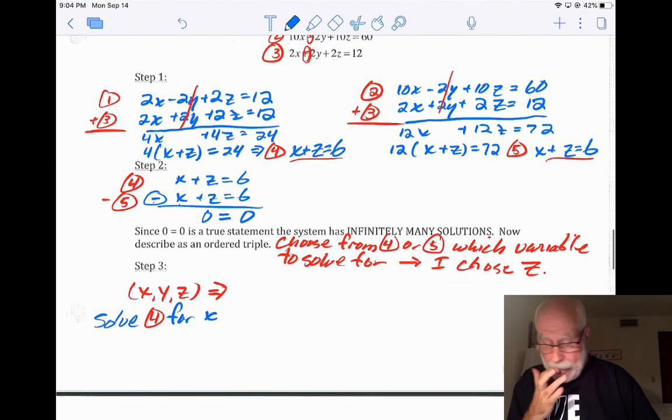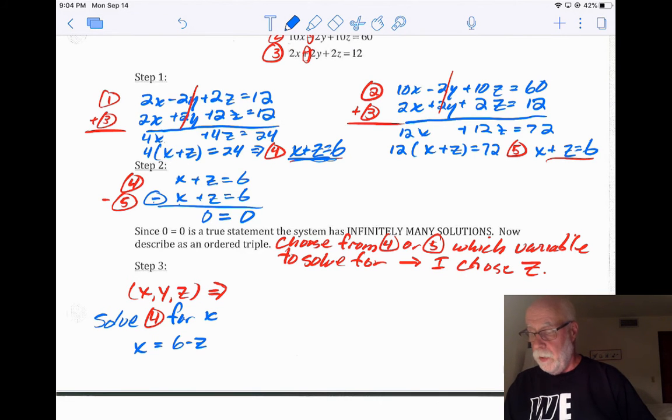If I do that, then I'll get that x is equal to, again, look at that one there, x is equal to 6 minus z. All right? So now, what I want you to see here is your ordered triple.